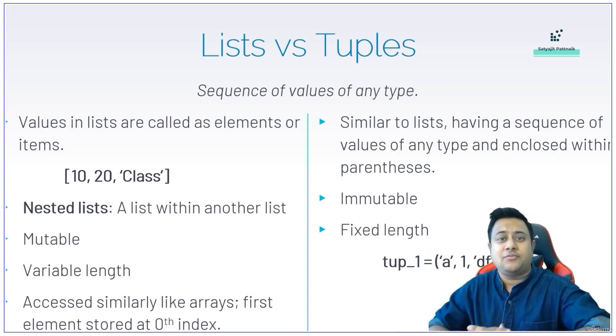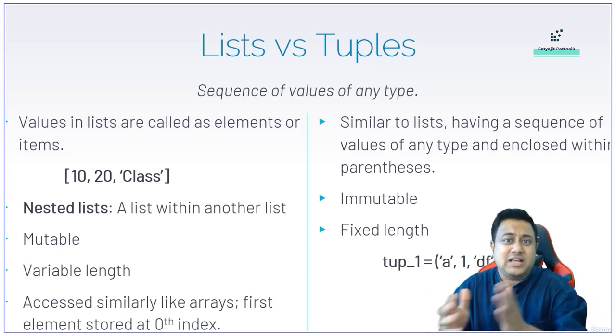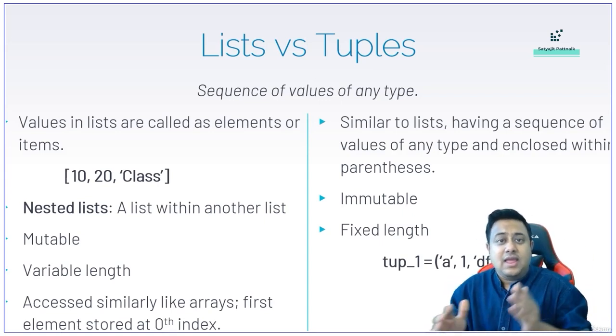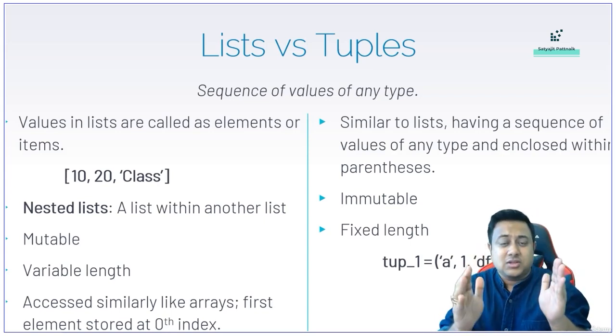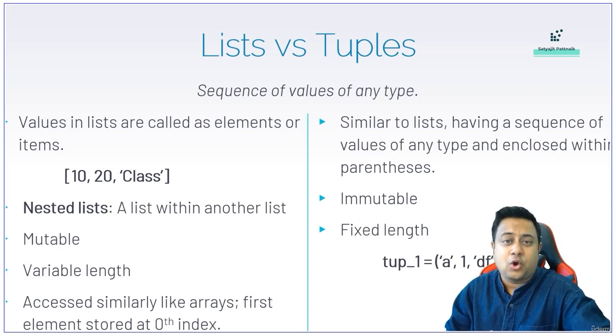Your list could have multiple types of data. It could have all the elements as integers, some of them as integers, some of them as string, and you can also have a list within a list. So values in a list are called elements or items.